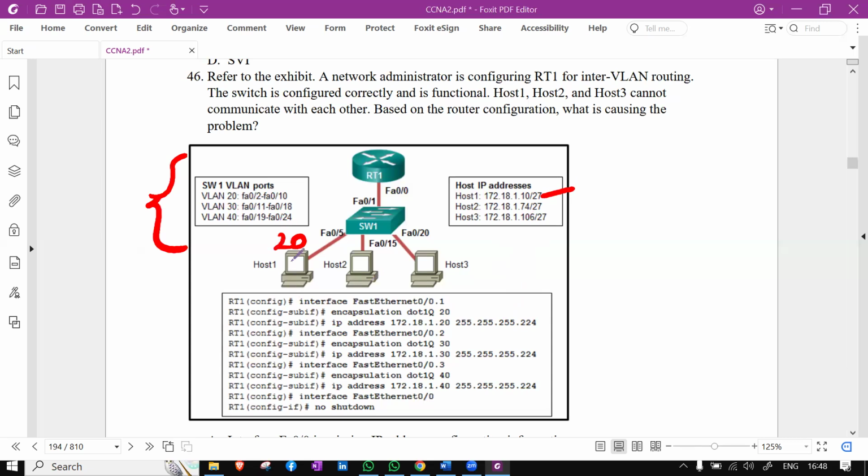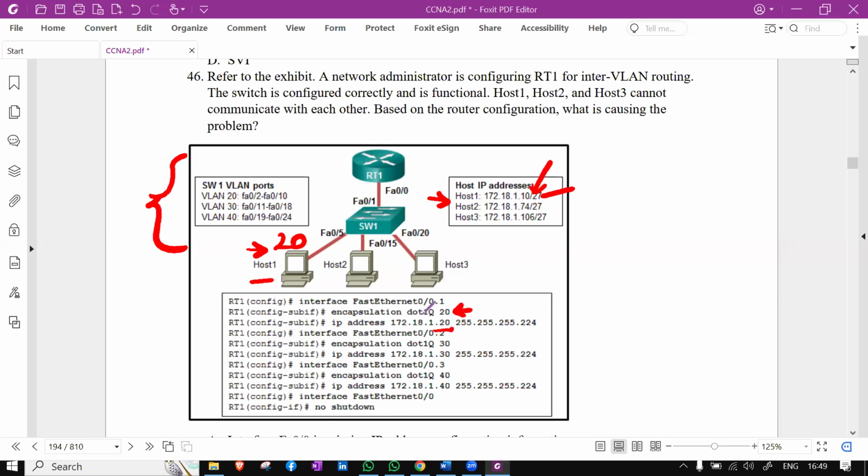So we are saying host 1 is in VLAN 20, and its IP address, meaning its network, should be associated with this as well. Here we are going to make our VLAN interface associated with VLAN 20 with address .20. That's where the problem is.